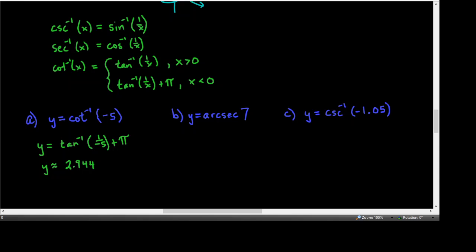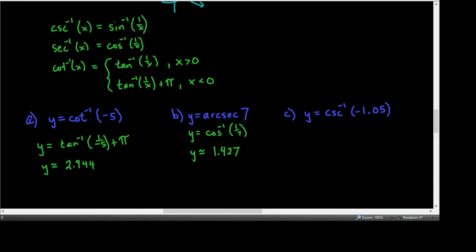Okay, for the next one, for arcsecant, what we'll type in our calculator is cosine inverse of the reciprocal of 7, 1/7, and typing that in the calculator, you should get 1.427.